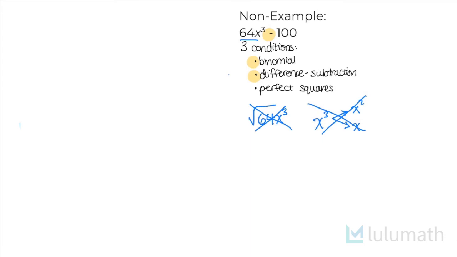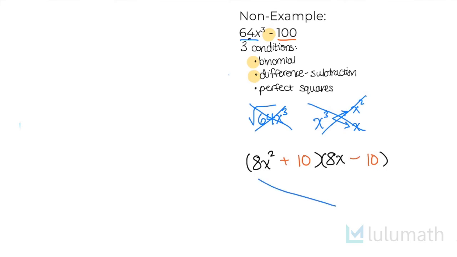Now, let's say I were to actually try to factor it. Let's say I were to take the square root of 64 like we usually would do, and that is 8. And let's say I were to put an x squared here and an x here. Okay, and now let's also take the square root of 100, which is 10. So I would have a positive 10 and I would have a negative 10.